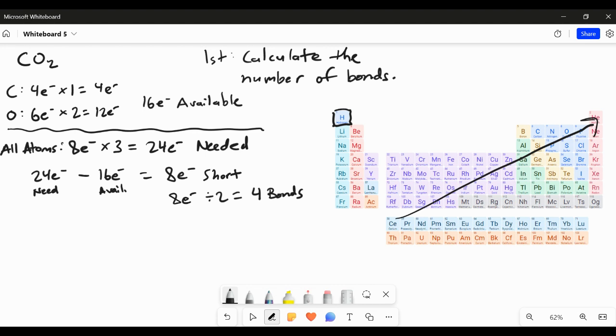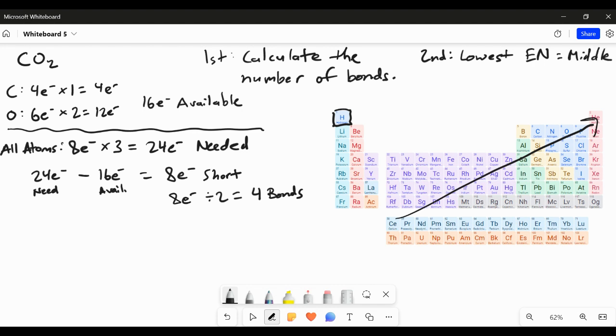So we're going to follow the rules. So the second rule is lowest electronegativity is in the middle.